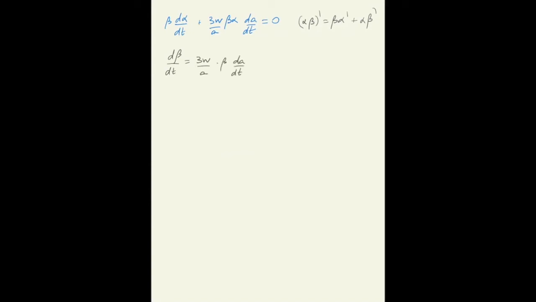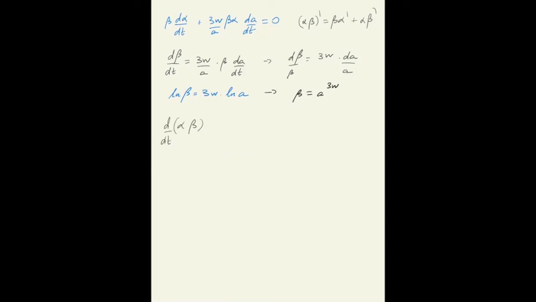So solve this for β. This equation then gives you the log of β is equal to 3 times w times the log of a. So you find β is equal to the scale factor to the power of 3w. So we succeeded in writing the fluid equation in terms of a product rule, provided that β is equal to a to the power of 3w.